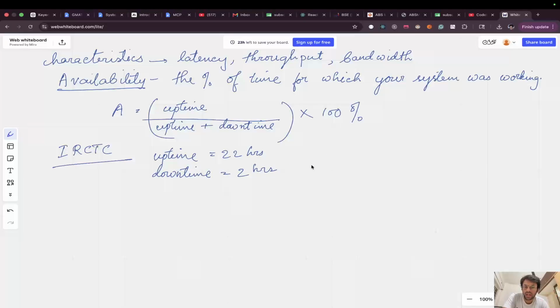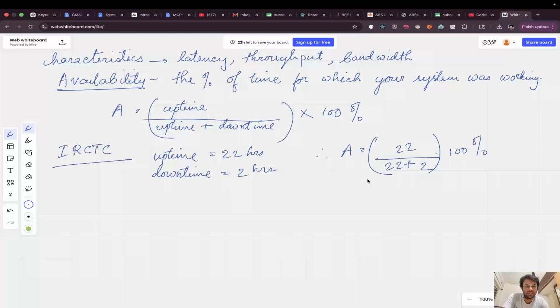So the availability of IRCTC becomes uptime by uptime plus downtime, into 100%. So this turns out to be 22 by 24 into 100%. You can do the calculation further. So this is what availability is.